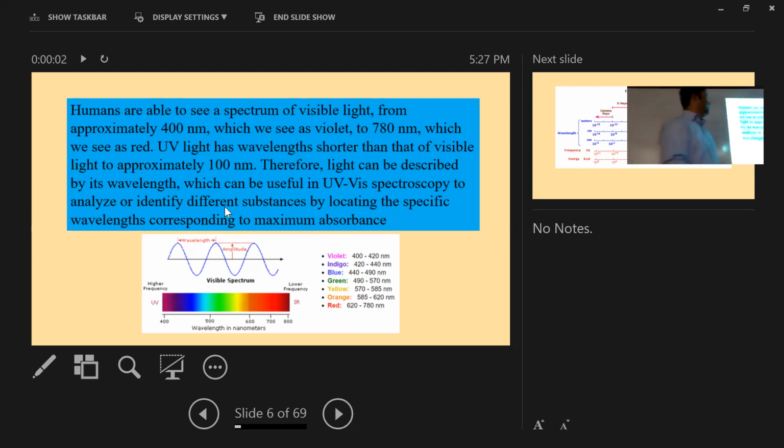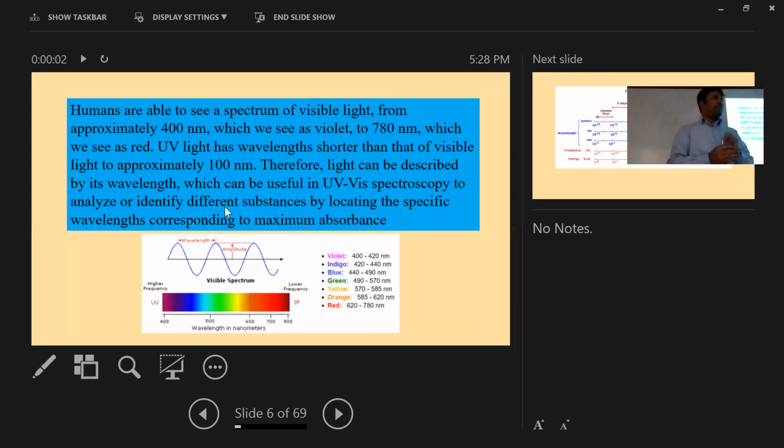So light can be described by its wavelength, which is useful in UV visible spectroscopy to analyze or identify different substances by locating the specific wavelength corresponding to maximum absorbance. At the beginning of this class, I mentioned that using UV visible spectroscopy we can analyze qualitatively.